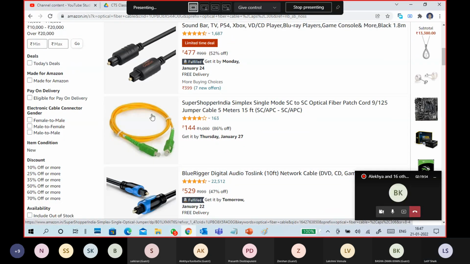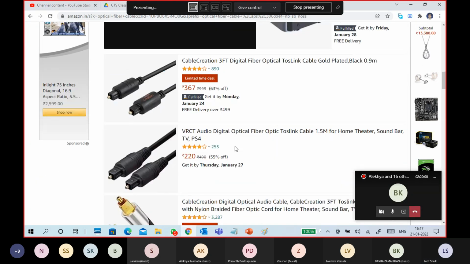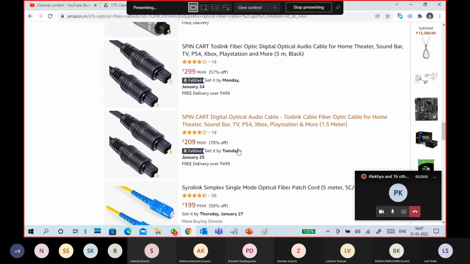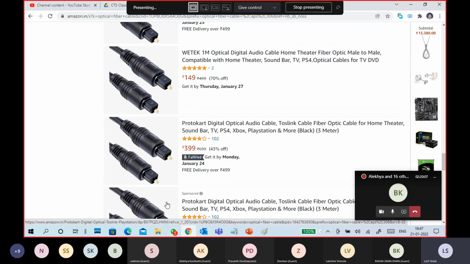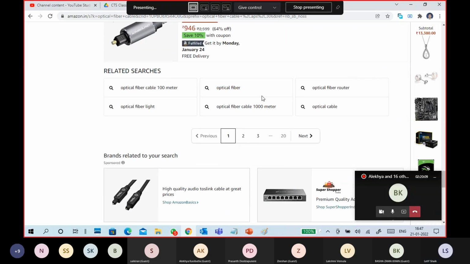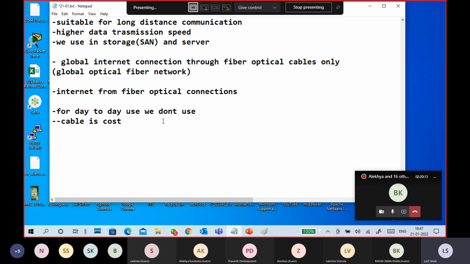See, it is showing 5 meters or 15 feet, and different types of plug connections. Your NIC, so the dependent things like switches and routers, not only a cable, it's a moderate cost.